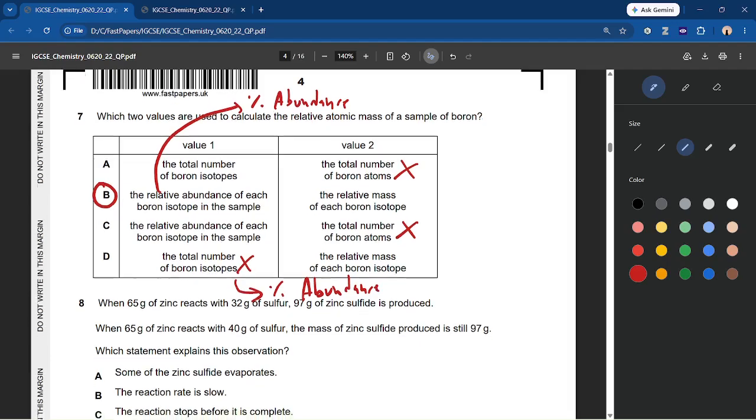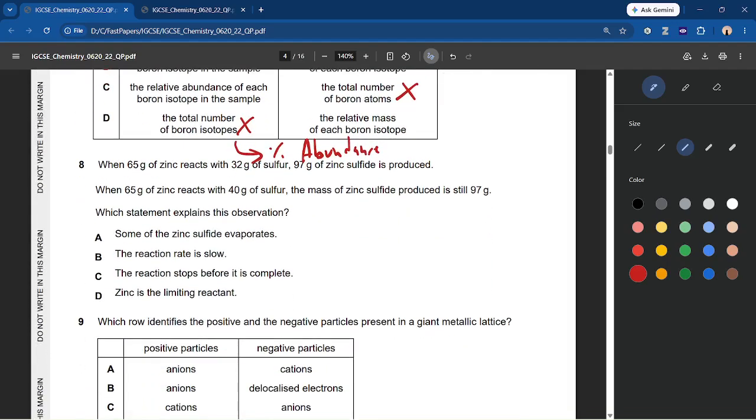All right, let's move on to question 8. When 65 grams of zinc reacts with 32 grams of sulfur, 97 grams of zinc sulfide is produced. When 65 grams of zinc reacts with 40 grams of sulfur, the mass of zinc sulfide produced is still 97 grams. So you don't need to do any maths over here. What they're basically saying over here is that 65 grams reacts with 32 grams of sulfur.